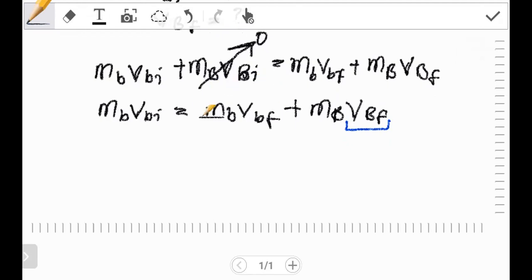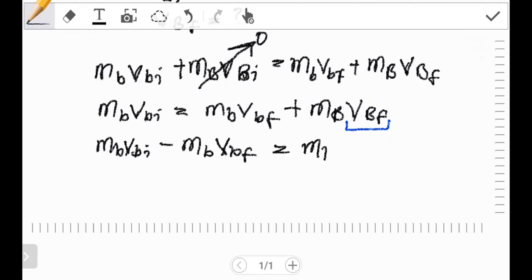Now, how is it going to look? The first term on the right-hand side is going to cross the equal sign. So this becomes MB VBI minus MB VB final is equal to MB VB final. Okay, nice.